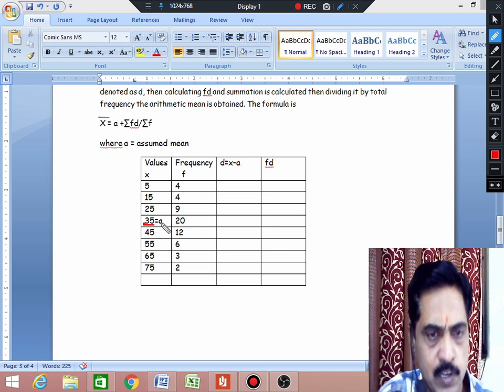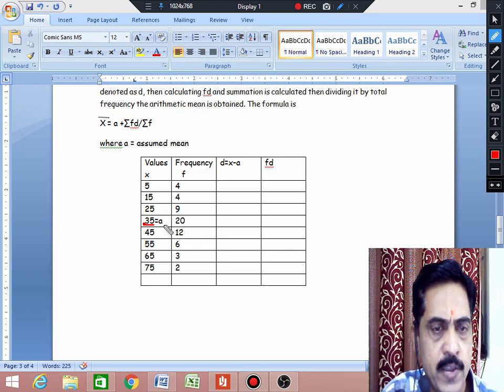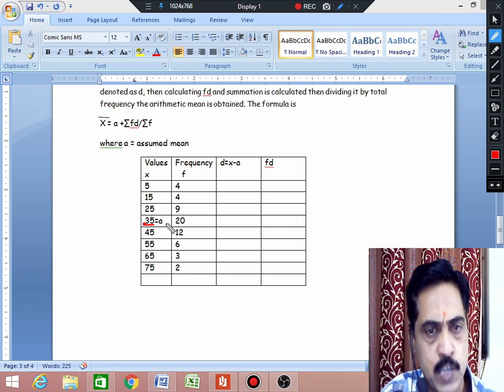You can take any value, but it's good practice to take the mid value. So 35 is the value of a. Then I find the deviation of each x value from the assumed mean.